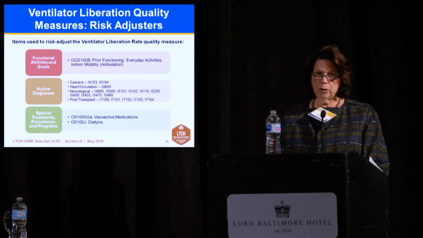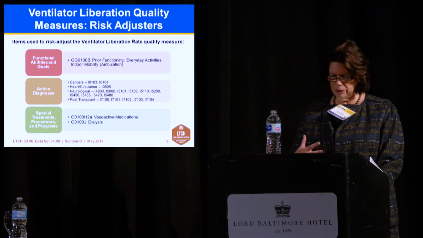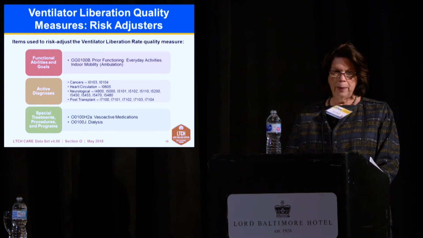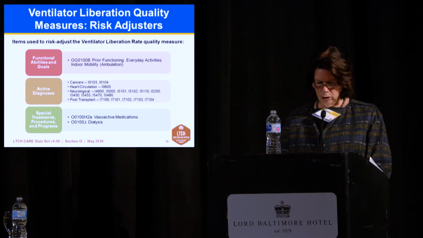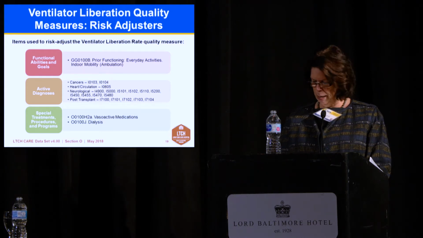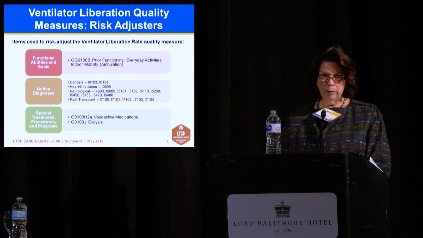The next slide shows the categories and the specific risk adjusters that will be applied to the outcome measure. As you can see, functional abilities and goals, specifically the GG0100B, which Ann went over earlier today, and active diagnoses are risk adjusters.